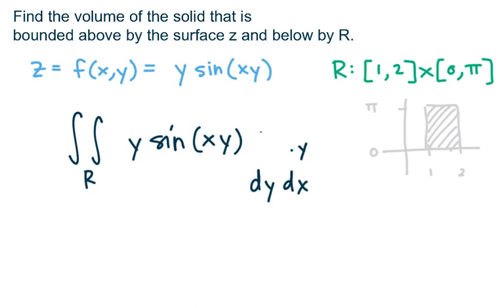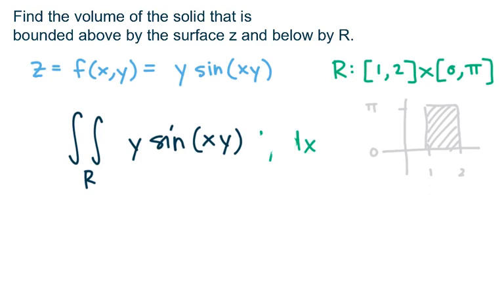Suppose I had written dy dx. That means I'm going to integrate first with respect to y. Integrating with respect to y, we only treat x as a constant. So we've got a product in our integrand that we have to deal with, and that makes it harder. That makes us think we might have to use integration by parts or u substitution. Oh my gosh, I don't want to deal with this problem.